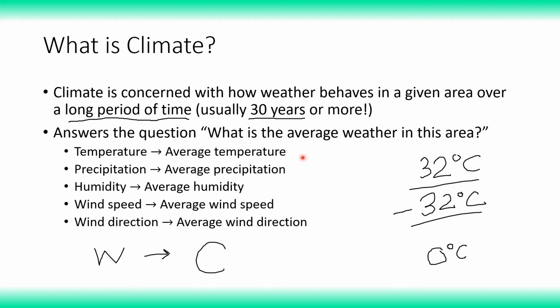Now, of course, it's going to change from one year to the next, but generally not by too much. So if the average temperature for today in this part of the country is 14 degrees Celsius, then it might not be 14 exactly. Maybe it'll be 18, maybe it'll be 10, maybe it'll be 20, maybe it'll be 5, but chances are it's not going to be like minus 15 degrees or plus 30 degrees.